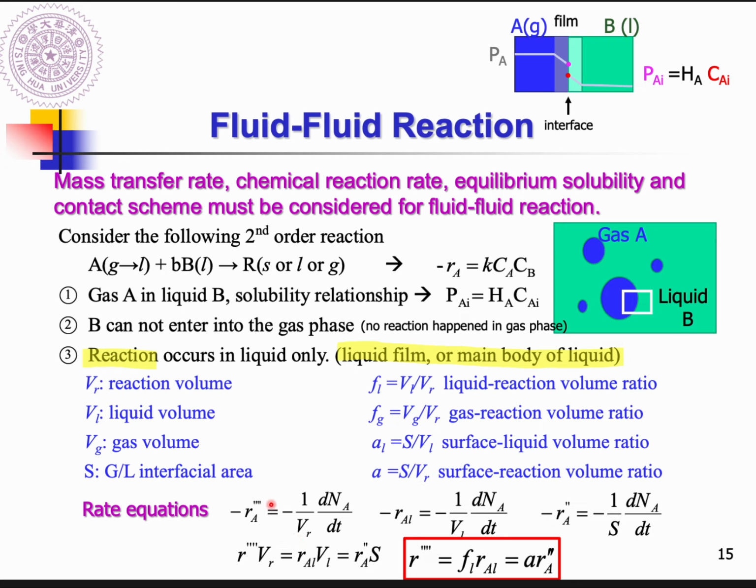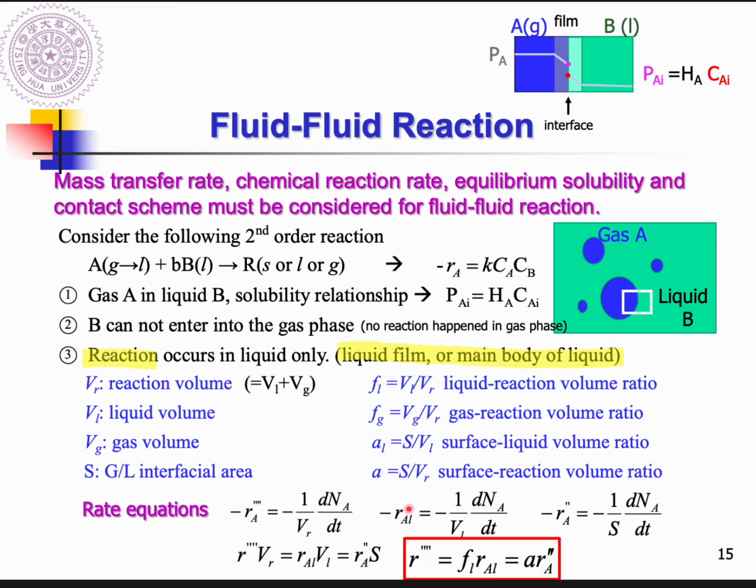Here we use the single prime to represent it. So what's the reaction volume? It is the summation of liquid volume and also the gas volume in this case. So the reaction volume includes the gas and also the liquid.